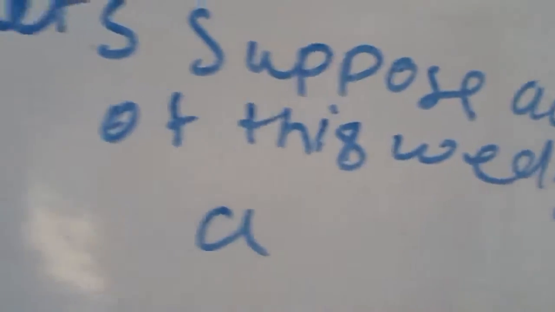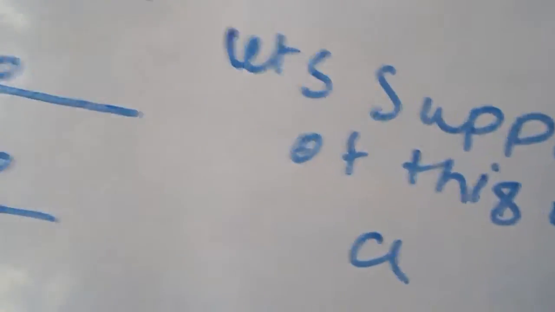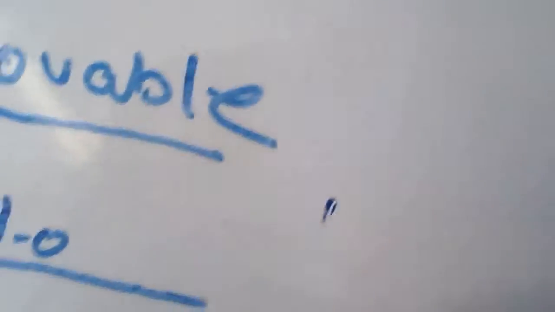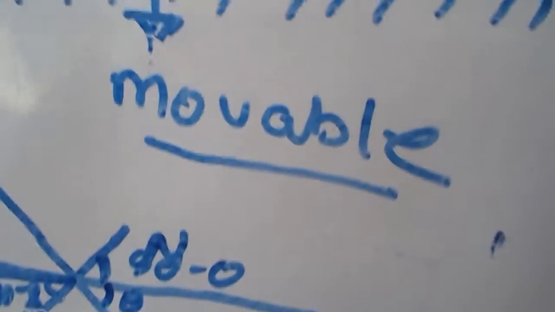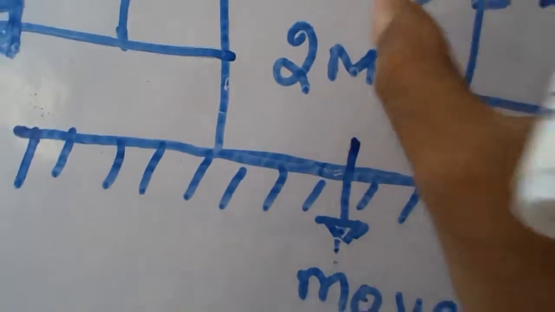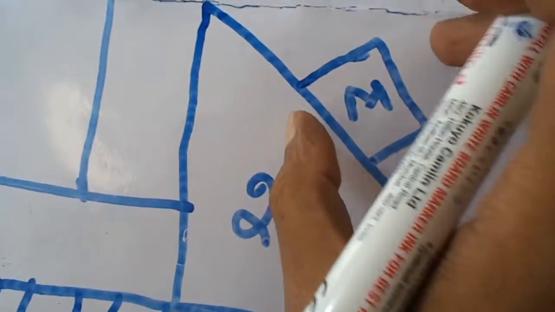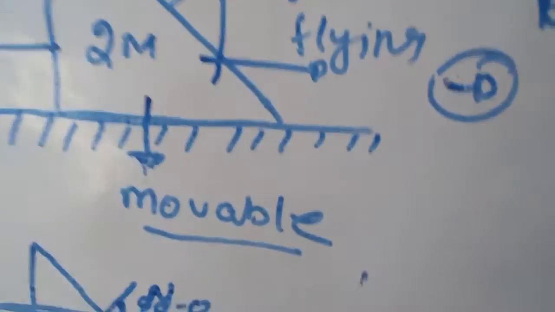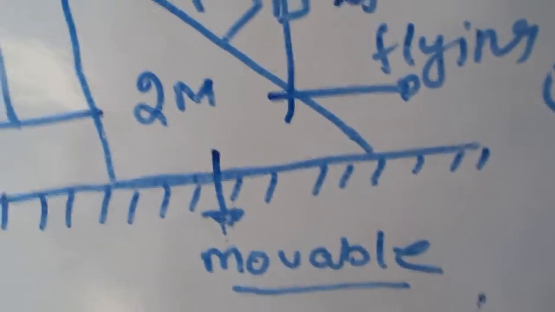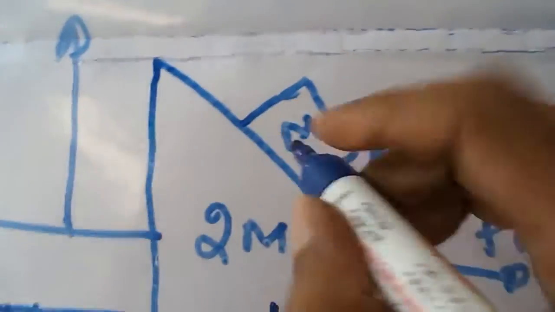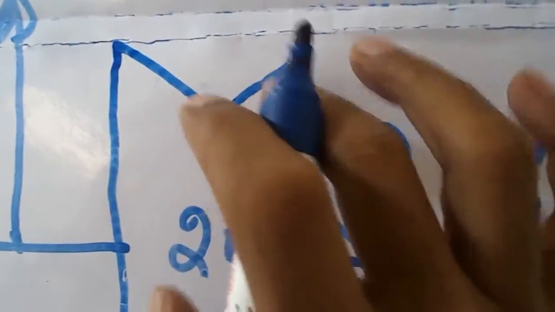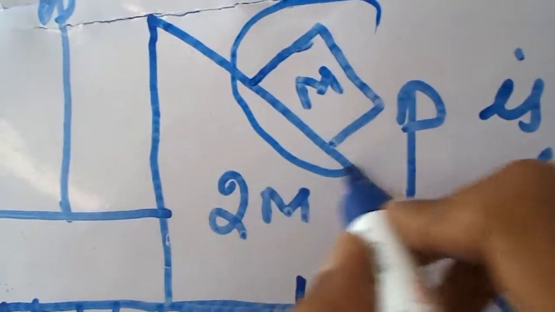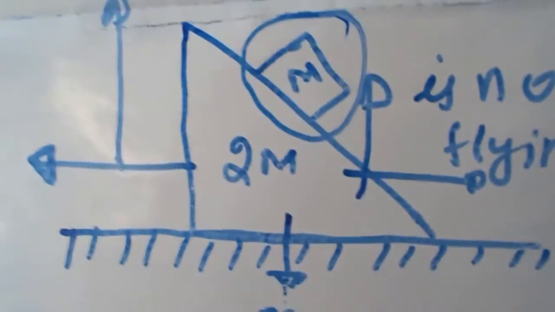Now guys, I am just going to solve this. One thing we should do: I should analyze the direction, the sense of motion, how this block M will move, how this wedge will move.